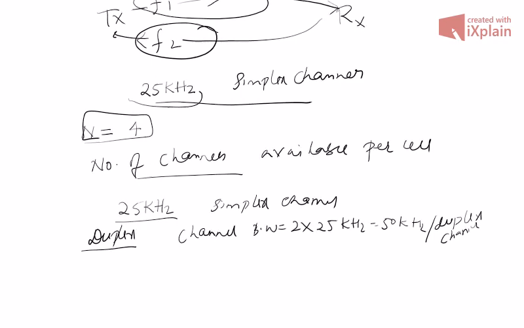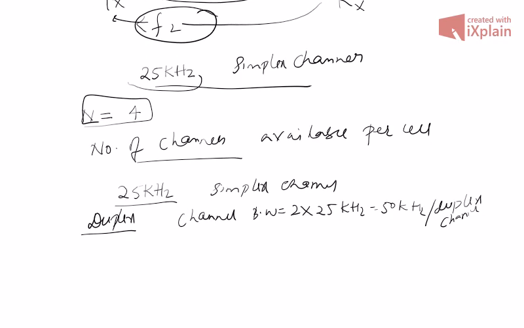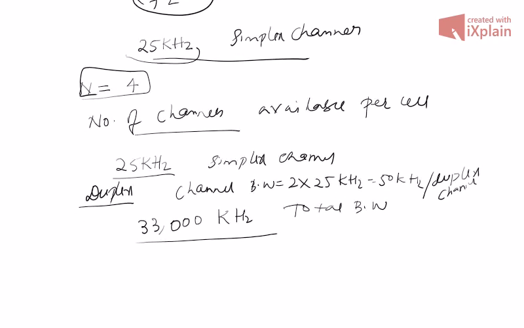Now you have 33 megahertz, or 33,000 kilohertz, total bandwidth, divided by 50 kilohertz, since one full duplex channel uses 50 kilohertz bandwidth. So this will be the total number of available channels.